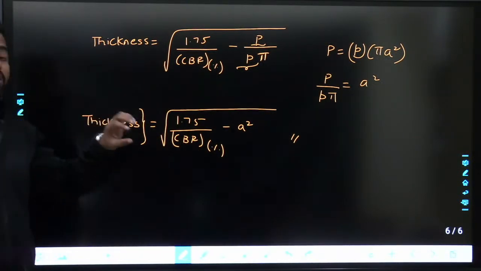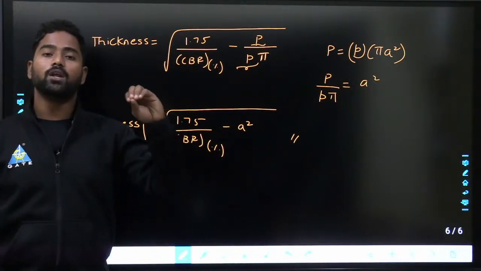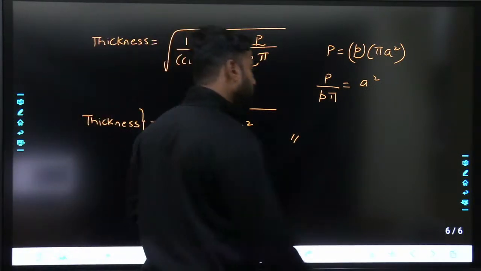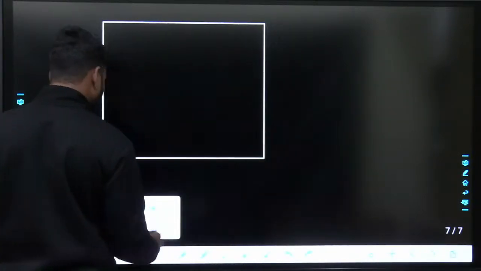That means here also the quality of material is not considered. The quality of the material above the subgrade is not considered.